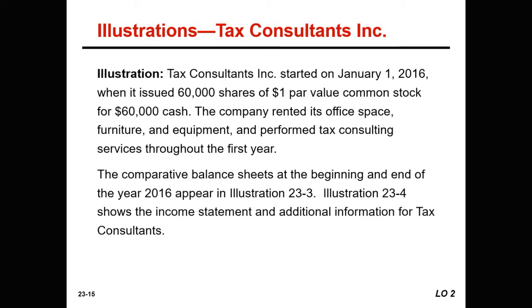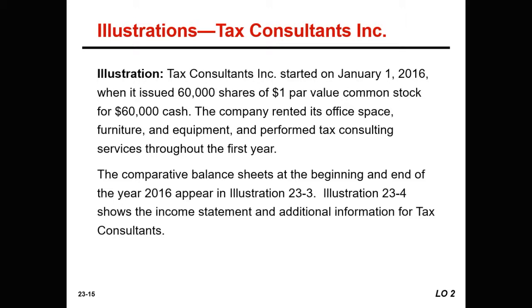So here we're going to begin by looking at Tax Consultants Incorporated, who started on January 1st, 2016, when they issued 60,000 shares of $1 par value common stock for $60,000 in cash. The company rented its office space, furniture, and equipment and performed tax consulting services throughout the first year.